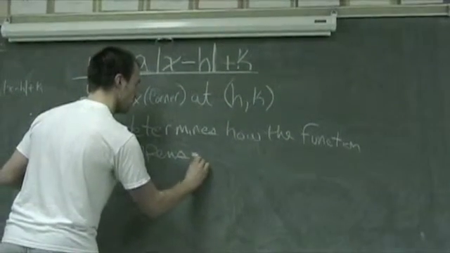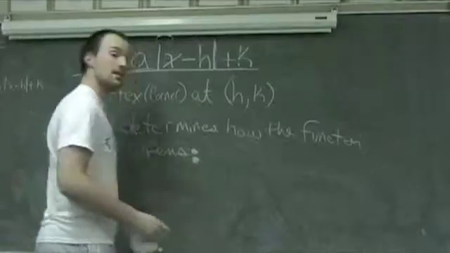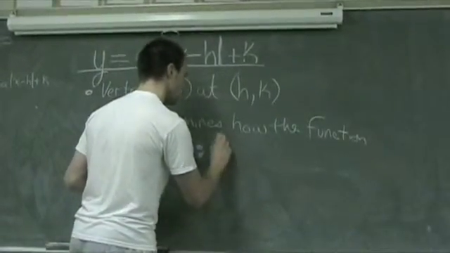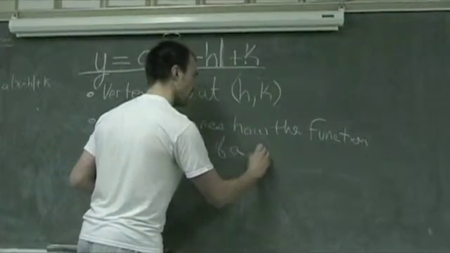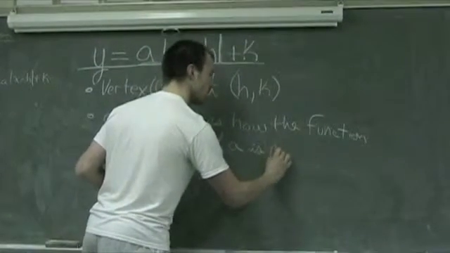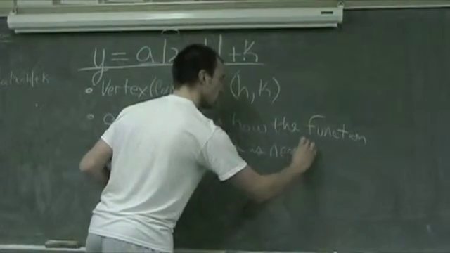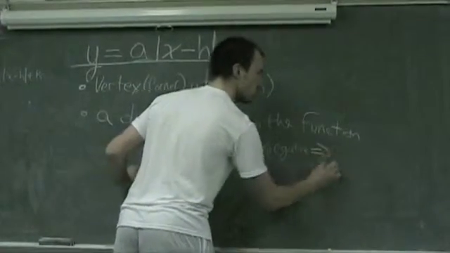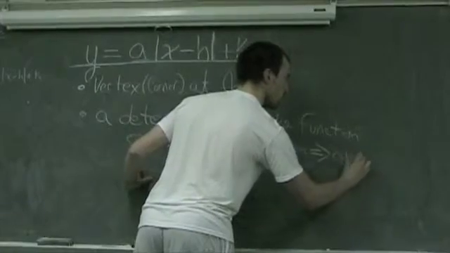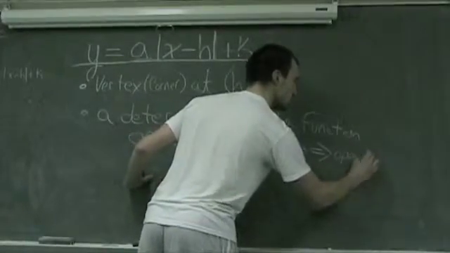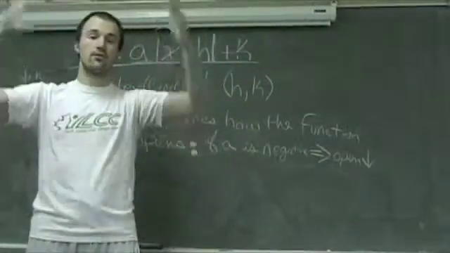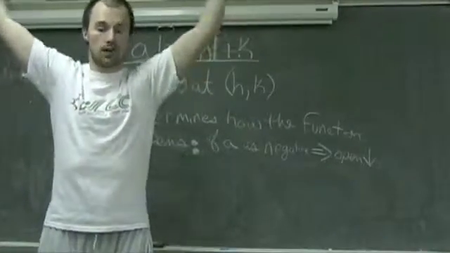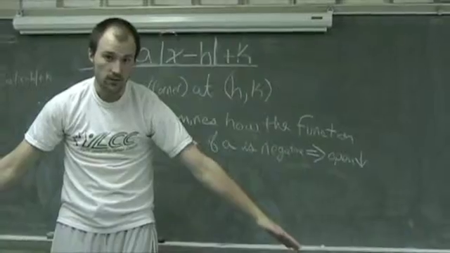And here's how a determines that. If a is a negative value, so if a is negative, we are going to open down. So instead of the regular y equals the absolute value of x function, it will open instead down to some degree.